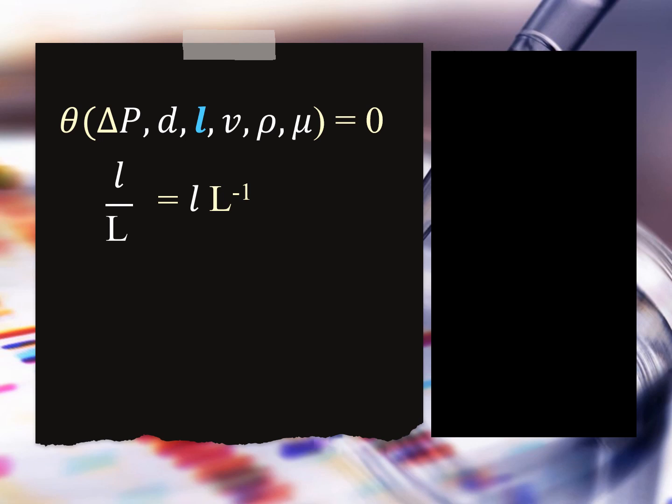Recall again that we have already determined that L equals D. So we can now substitute the variable L in our rewritten expression of small l times big L raised to negative 1. And thus we get an expression of small l times D raised to negative 1, which is equivalent to just l over D.